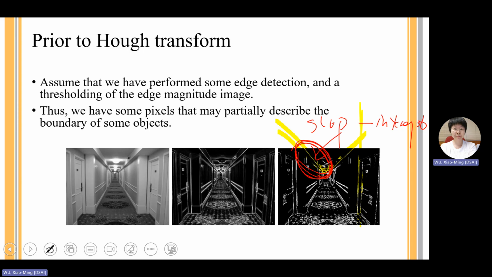Okay. So how do we do that? You notice that if all these points belong to the same line, then these points share the same slope and the intercept.